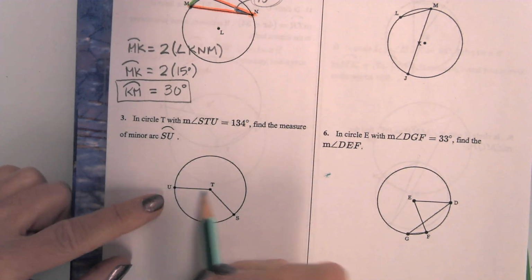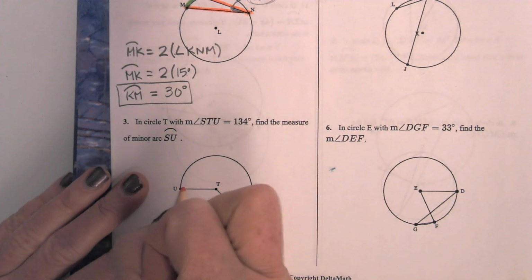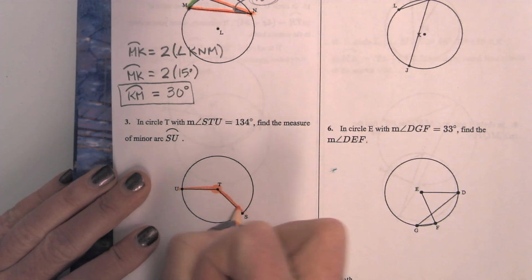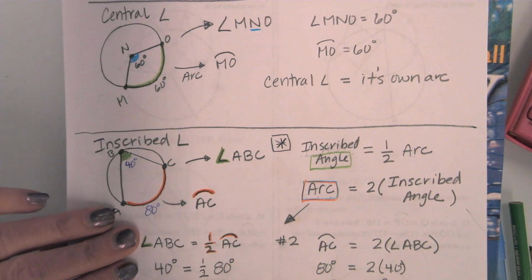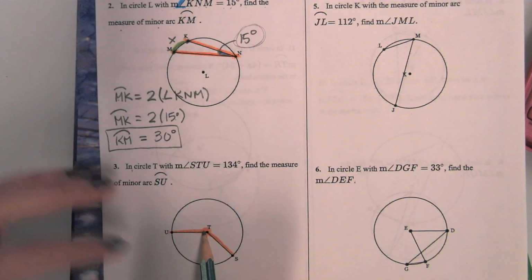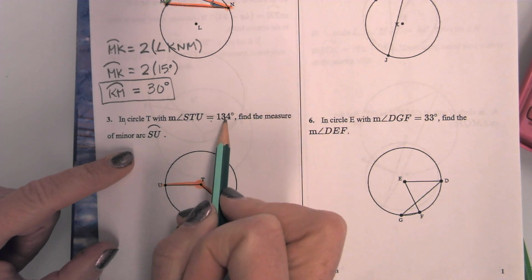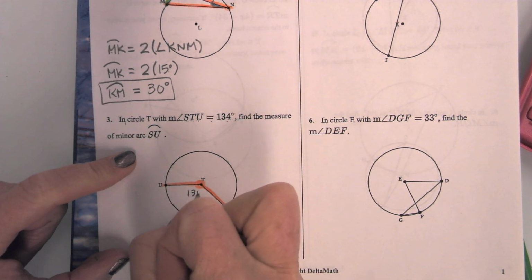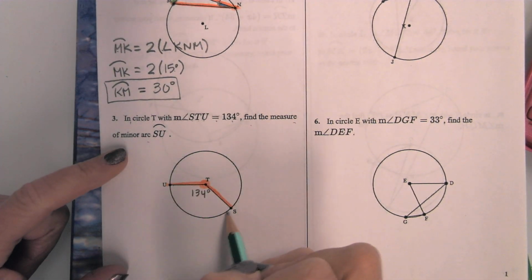Number 3, do we have an inscribed or a central angle here? This one is central because it starts at the center of the circle. These are the cool ones because central angles are the same as their own arcs. Okay, so in the circle T, with the measure of angle STU equal to 134, so STU is 134 degrees. Find the measure of minor arc SU.